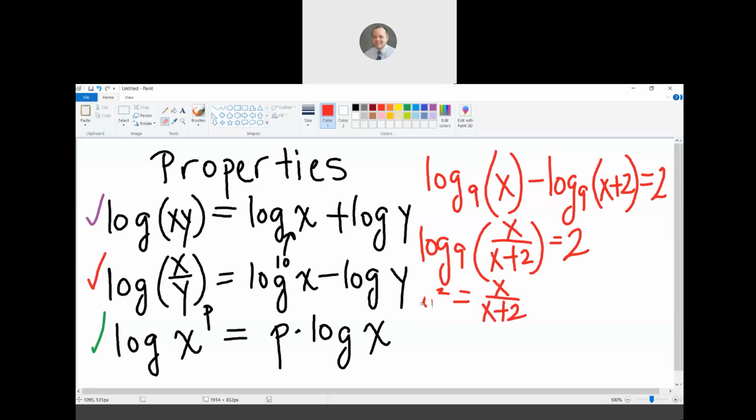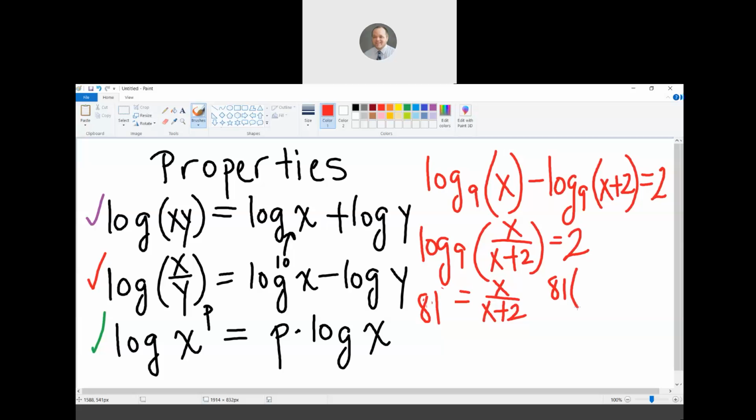Now we know 9 squared is 81. And you can either cross multiply or multiply both sides by the given denominator.